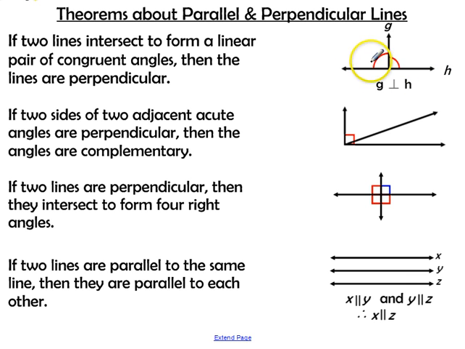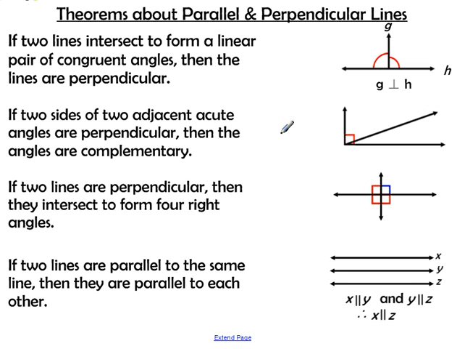So these two angles are supplementary. So how do you get supplementary angles that are also congruent? They have to each equal 90 degrees, which makes G and H perpendicular lines by definition. And remember, this upside down T is a symbol for perpendicular. So we say that line G is perpendicular to line H.